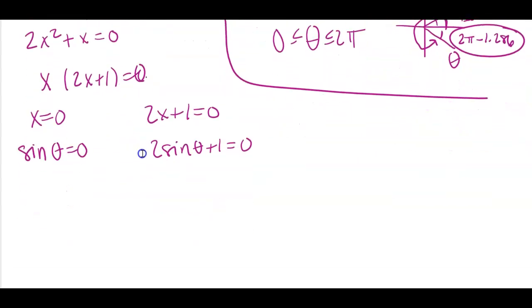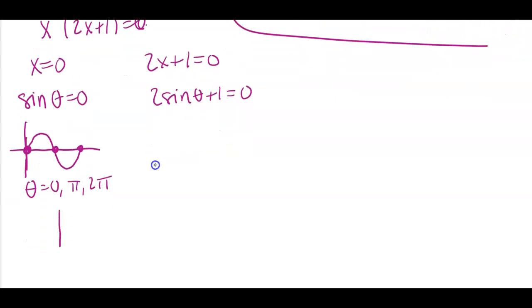I am. Okay. So sine theta being equal to 0, there's a couple ways we can think about this. One is in the rectangular coordinate plane. So that's going to happen at 0, pi, and 2 pi. The other is in the unit circle, reminding ourselves that sine is our y value. So that's going to happen here, here, and back again when we get here. If I solve for sine theta, here I get negative 1/2.